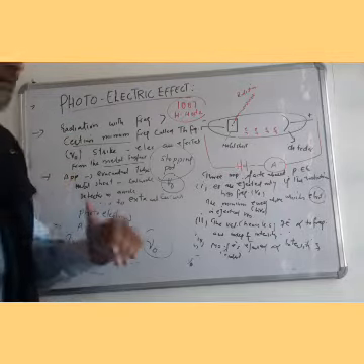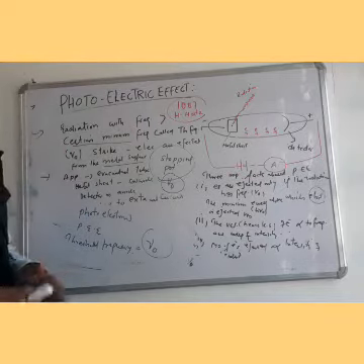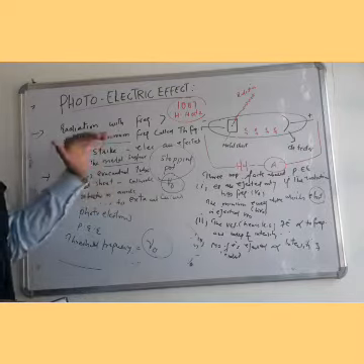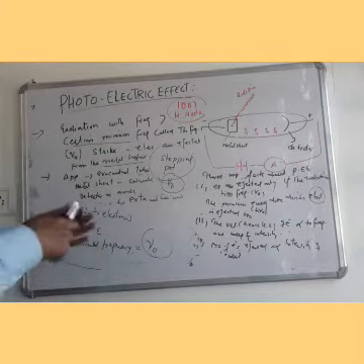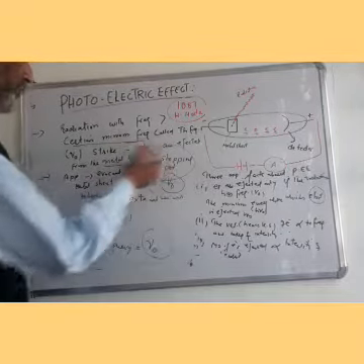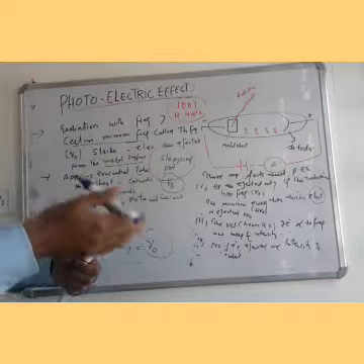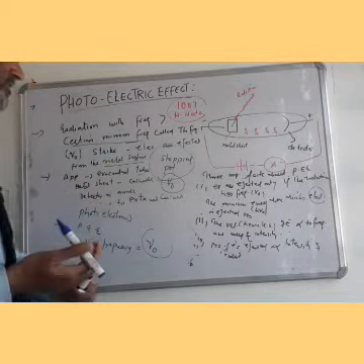What did he conclude? When radiation with frequency greater than a certain minimum frequency, called the threshold frequency, strikes the metal surface, electrons are ejected from the metal surface.